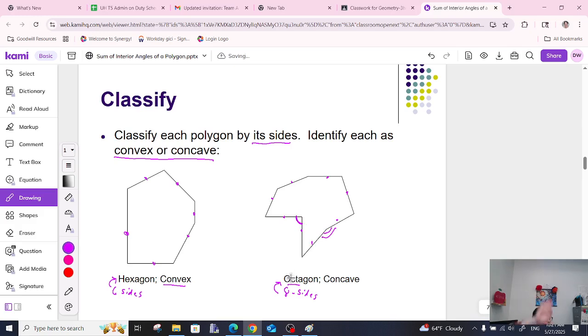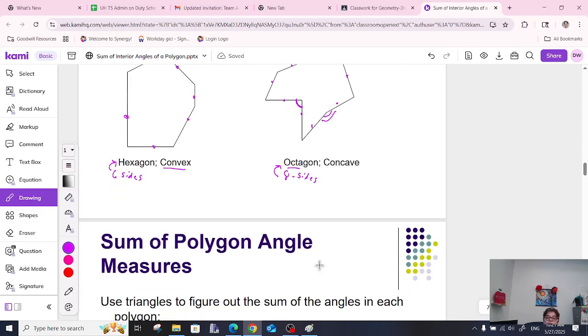Anytime it's pushed in, like there's a cave, that's why it's concave. Makes sense or doesn't make sense? Makes sense.